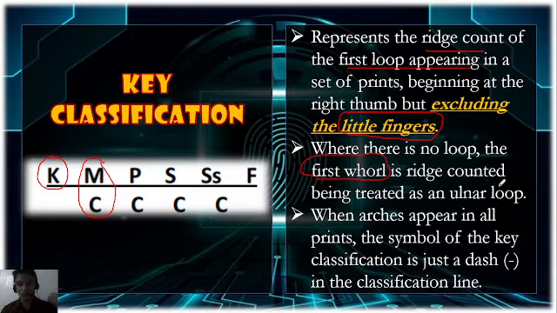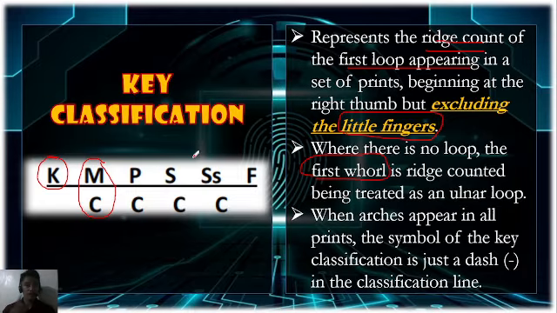We are going to treat it as an ulnar loop, the same as for the other kinds of whorl patterns, because what we are looking for here is the ridge count. Sir, a question: what if there is no loop and almost all are arches? What if the arch family is what we see in the set of prints?